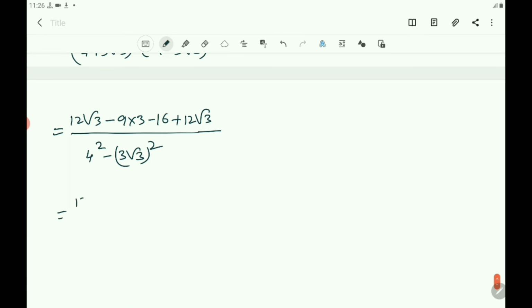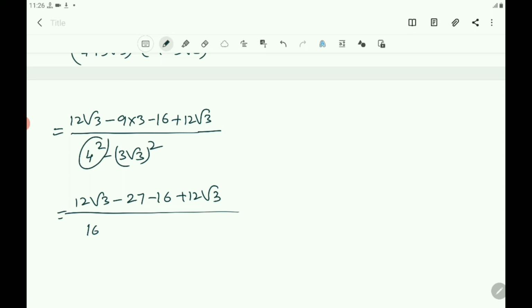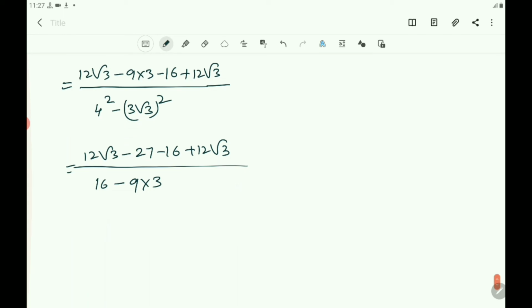That equals 12 root 3 minus the product of 9 and 3, 9 threes are 27, minus 16 plus 12 root 3. 4 square is 16. Then minus 3 square is 9, and root 3 square is 3. 9 into 3 you will get 27.